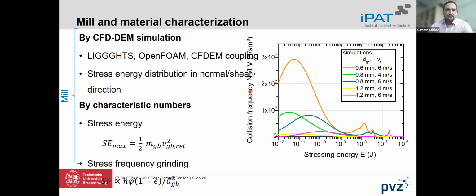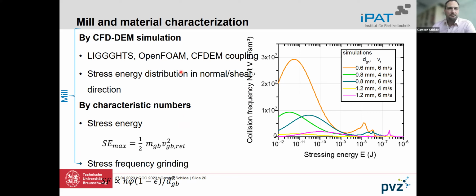And from the DEM part, of course, we can do two approaches. We can try to use the model from Arno Quade, which gives you characteristic numbers and is valid for one millimeter.